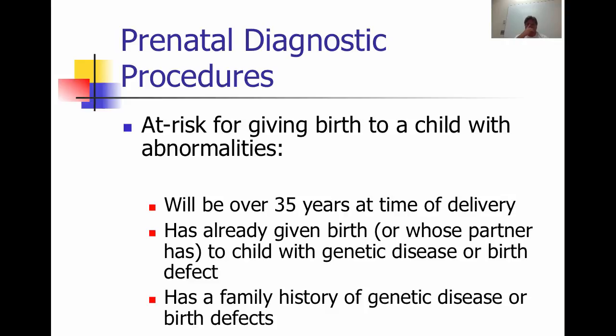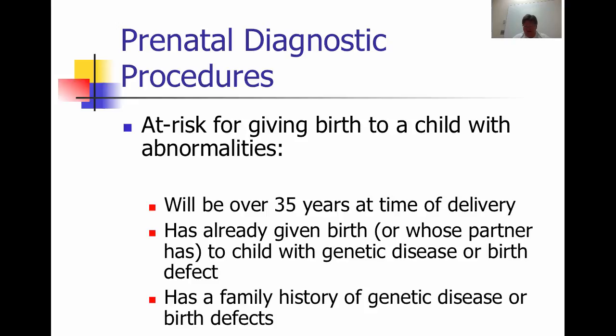So these prenatal diagnostic procedures are often given to pregnant women who might be considered at risk for giving birth to a child with abnormalities. These might be women over the age of 35 at the time of delivery. They might have already given birth to, or have a partner who has, a child with a genetic disease or birth defect.